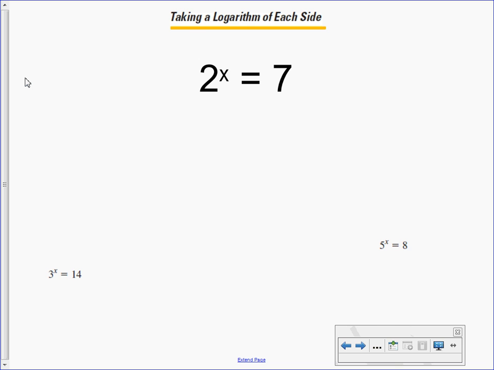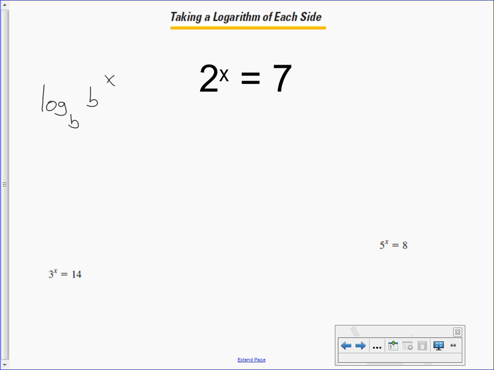In order for us to be able to get that exponent out of the air, if you will, remember some of the properties of logarithms. When you deal with logarithms, if you have log base b of b to the x, do you remember what happened there? And what happens to the exponent?